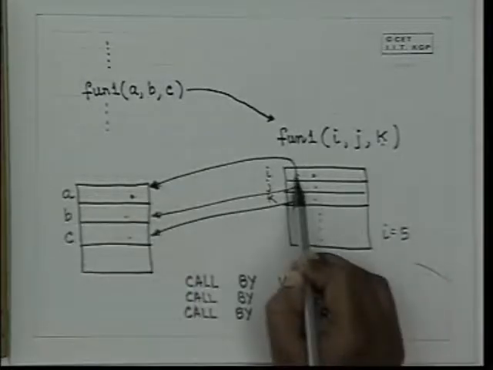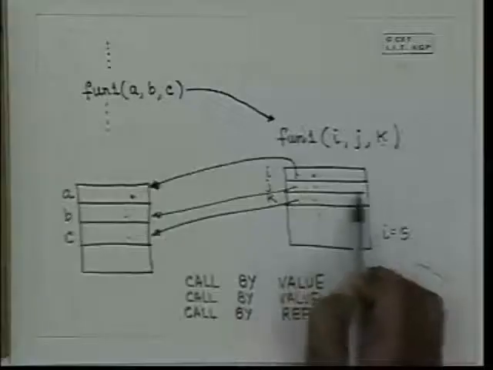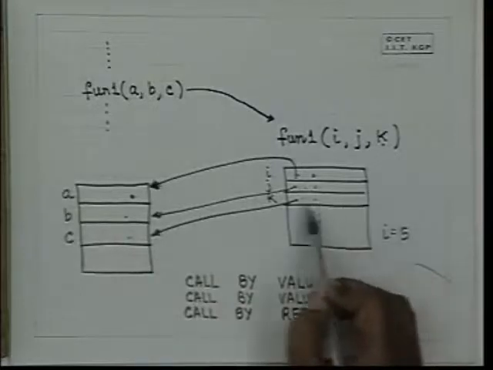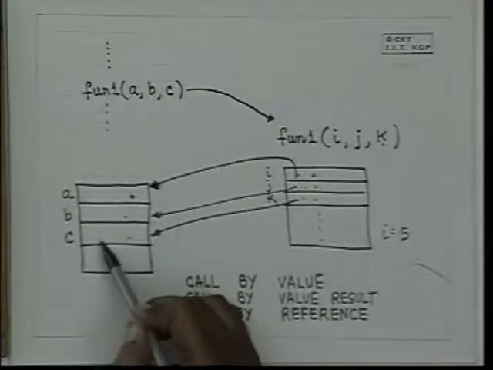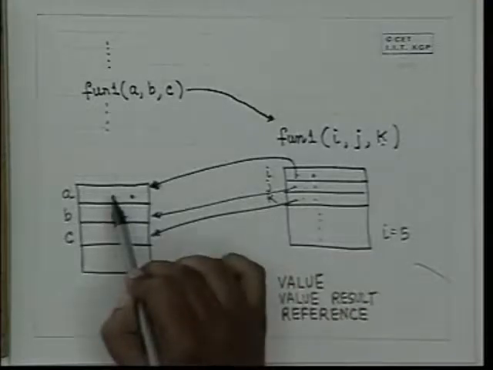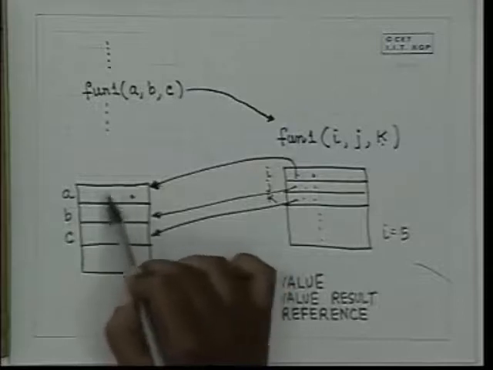It uses this location to keep the address of A. It uses this location to keep the address of B. And it uses this location to keep the address of C. And it uses this address to modify the contents. So it does a star i operation whenever an i operation is given.